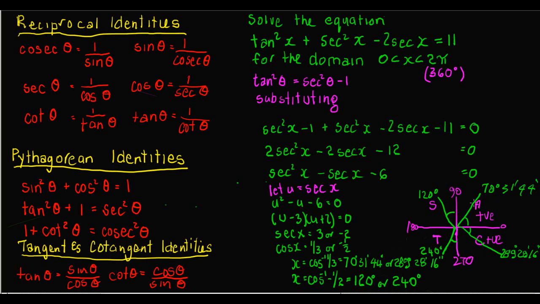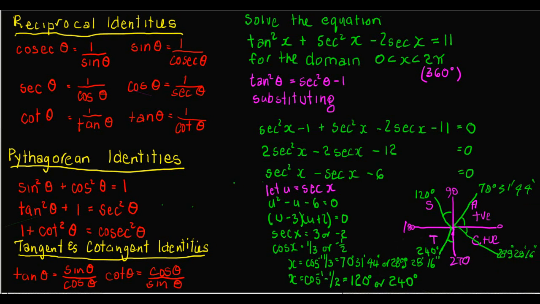So we use our mnemonic, All Survey Tutors Count. That means all positive here, just the sine positive here, tan positive here, and the cosine positive here. So we can see that we have positive cosine here, which is the one we've got, and another one here, and we take the angle 70 degrees 31 minutes 44 seconds away from 360 degrees, and that will give us 289 degrees 28 minutes 16 seconds. So we have two solutions there.